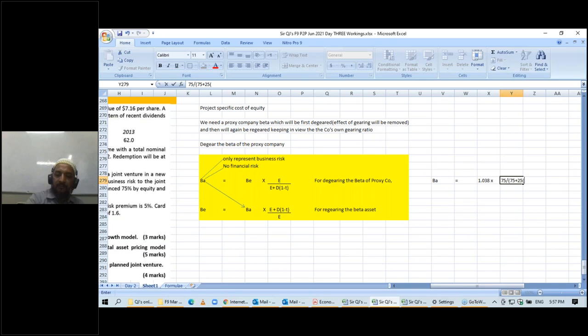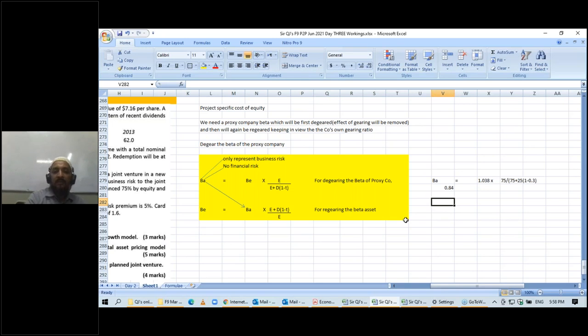Debt is 25, times 1 minus 0.3, which is the tax rate. By doing this, we get the beta asset, which is 0.84. Now 0.84 will always be lower than the 1.038 because you have removed the financial risk. If the risk reduces, the beta will also reduce.